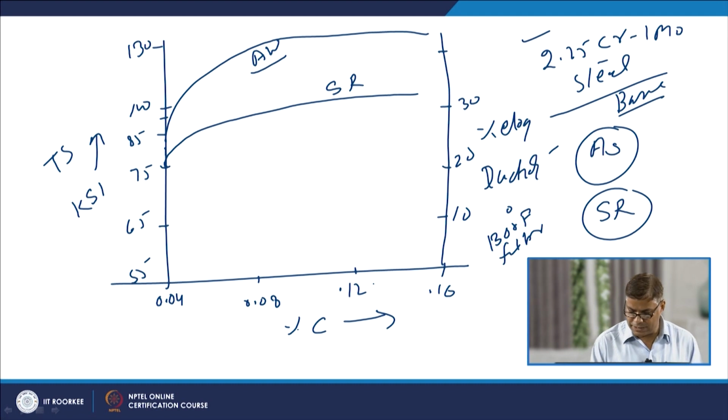Of course, there is an increase in tensile strength with the increase of carbon content, but there is a huge drop in the tensile strength with the stress relieving heat treatment at say 1300 Fahrenheit for 1 hour exposure per unit inch section thickness.